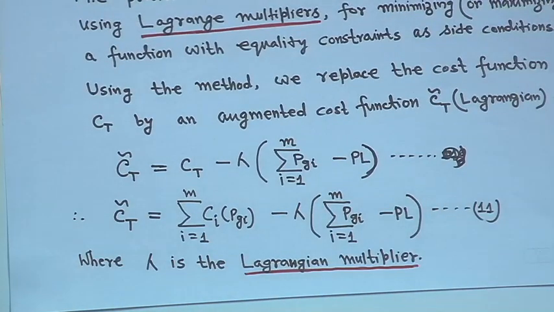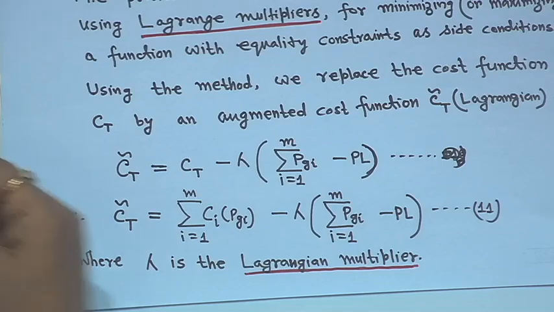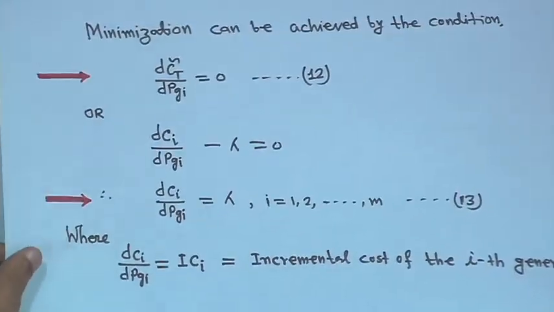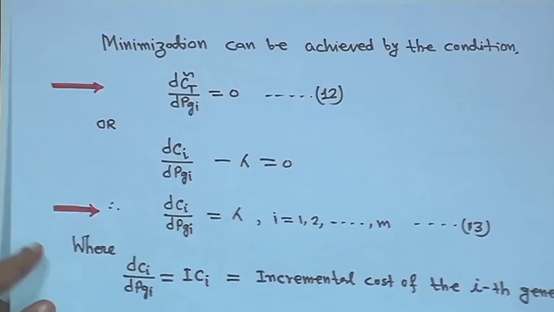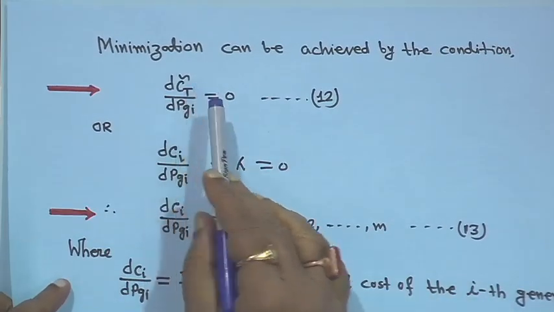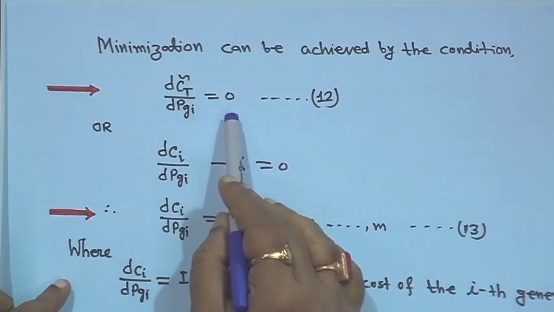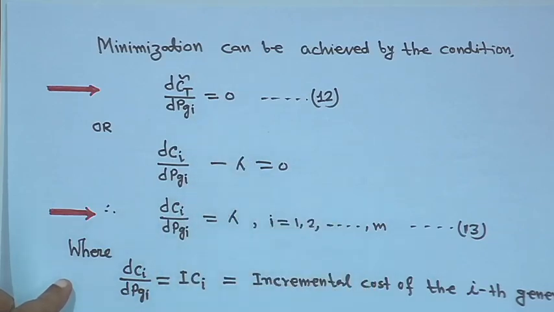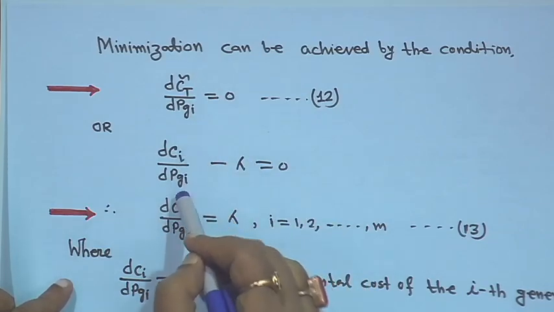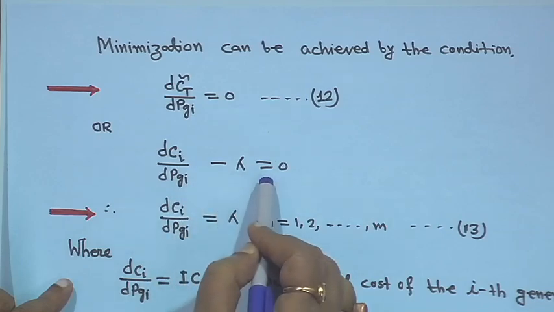Next, what you have to do is that minimization can be achieved by the condition d C tilde by d P G i equal to 0. Therefore, d C i by d P G i minus lambda is equal to 0.